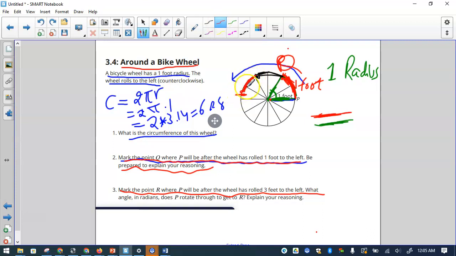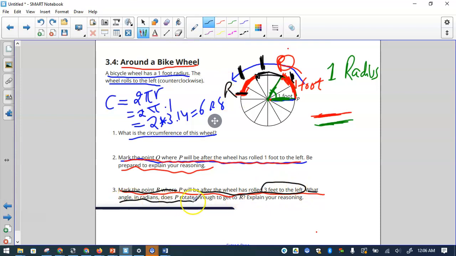This is not perfect, but as in the previous example I showed, there are three radii: 1, 2, and 3. So 1, 1, 1 is put there, and that's like 3 radii. That's all it is asking you, is to mark R here after the wheel rolls 3 feet to the left.